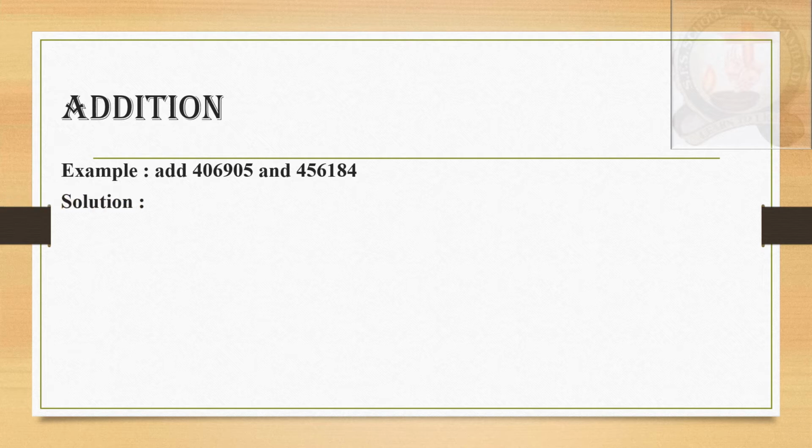The column method is, first write the place values which we have already learnt in the previous lesson: ones, tens, hundreds, thousands, 10,000s, lakhs, 10 lakhs, crores.